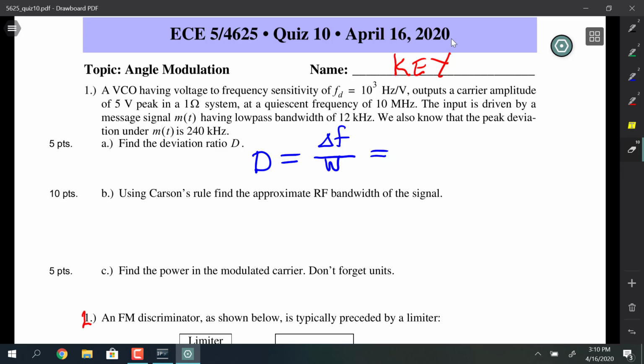Does that make sense? I've given you the VCO sensitivity of 1,000 hertz per volt, but we don't really have use of that in this case because we're already given that the peak deviation down here.